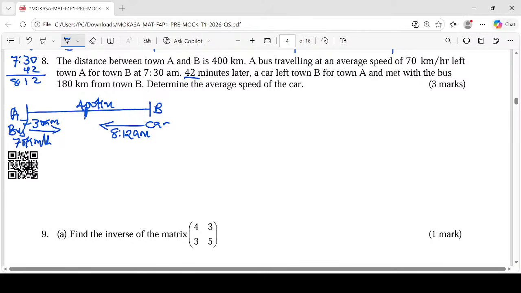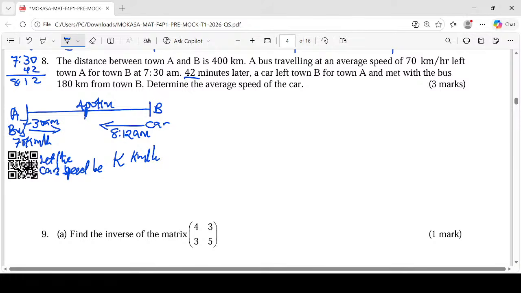So what I'll say here is, let the car's speed be k kilometers per hour. That is the speed of the car.